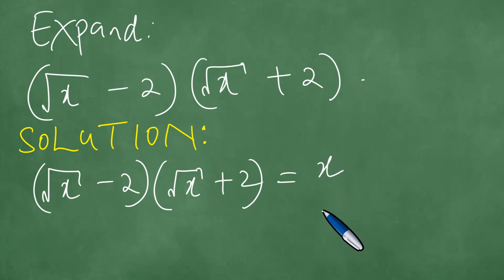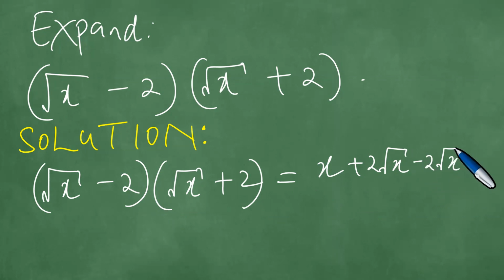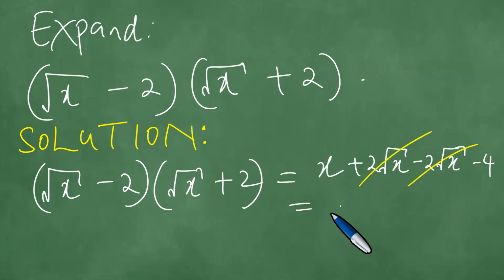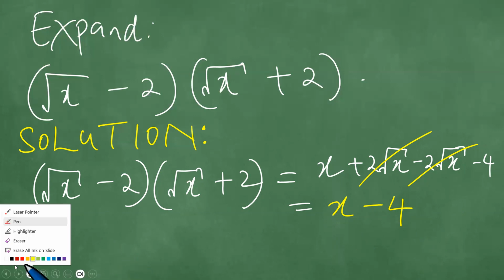And then square root of x times 2 equals 2 square root of x, next minus 2 square root of x, minus 4. And then these are like terms, so they can cancel. Is that the answer now, x minus 4? Okay, that's the correct answer.